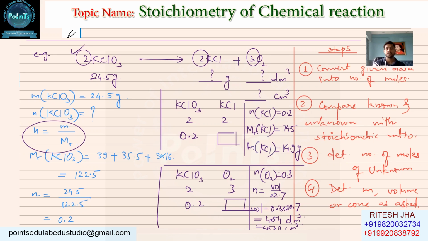Sir, I have a doubt. Go ahead. Sir, we multiplied 0.3 into 22.7 to find out the volume, right? Yes, obviously. So that should be 6.81, right? 0.3 into 22.7. Oh, sorry, it's 6.81.